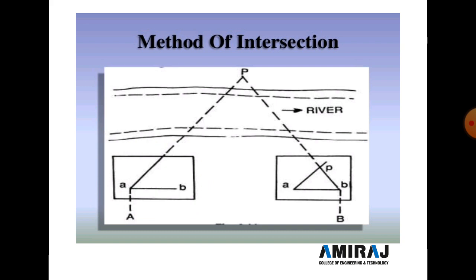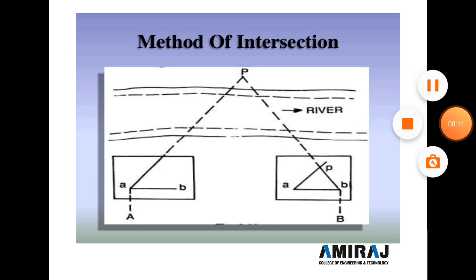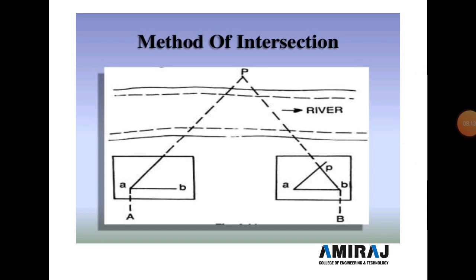Then after the plane table is perfectly leveled, we check whether it is perfectly leveled or not by using the level tube, and then by using the U-frog plumb bob, capital A is marked on the paper as a small a point, and by using the pencil we put the dot on the point.